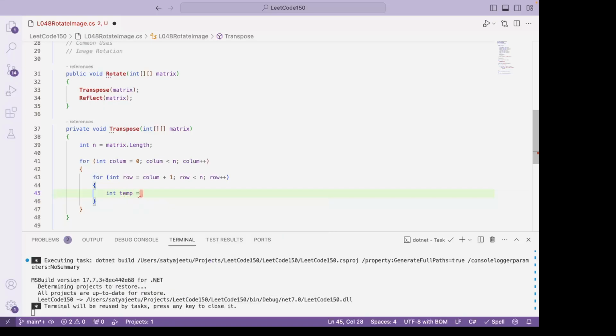int temp is equal to matrix[row][column].